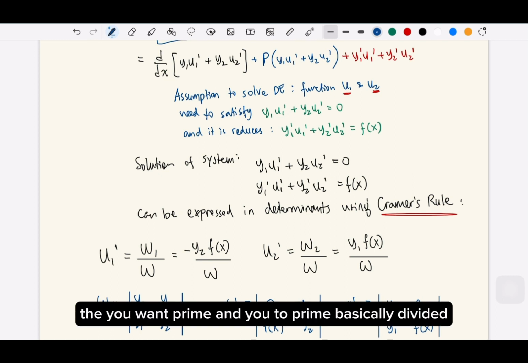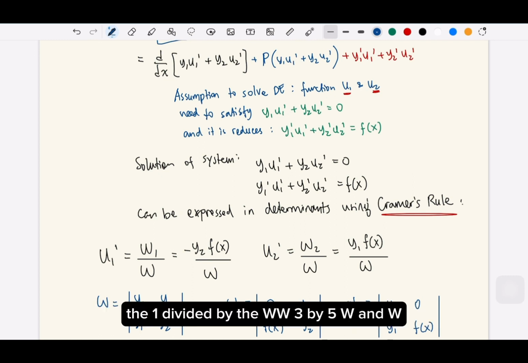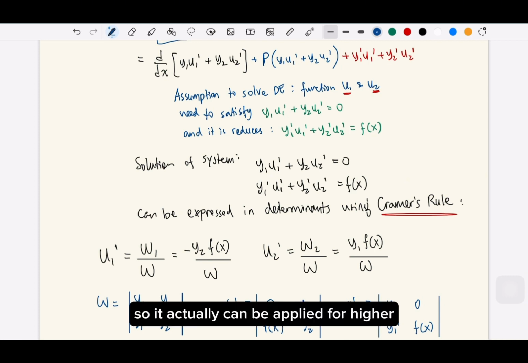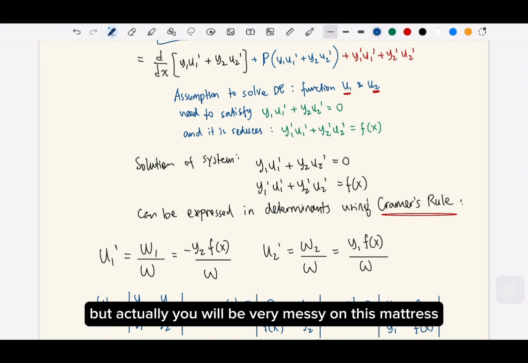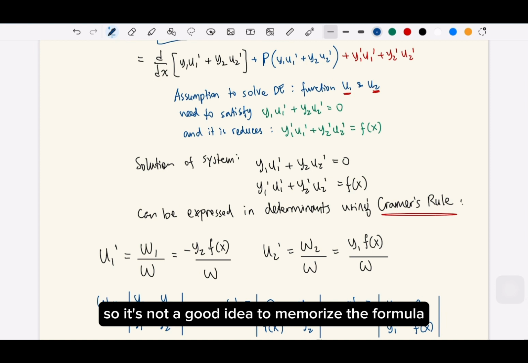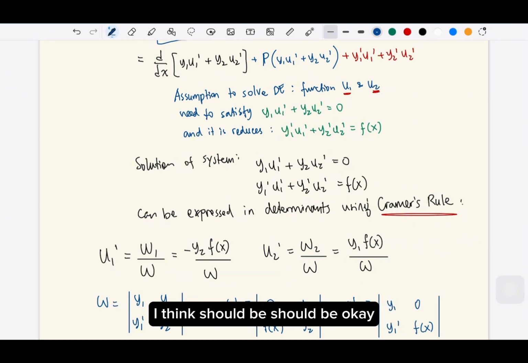U1 prime and U2 prime are W1 divided by W and W2 divided by W. And W you can think of as the Wronskian we did before. It can actually be applied to higher orders, like 3 by 3 or 4 by 4, but it gets very messy. So it's not a good idea to memorize the formula, but as long as you can do Cramer's rule from the equations, it should be okay.